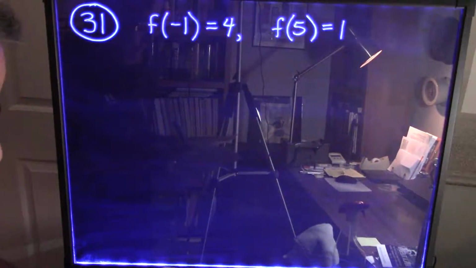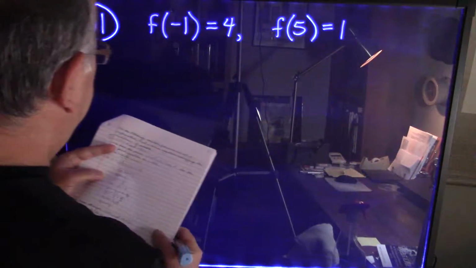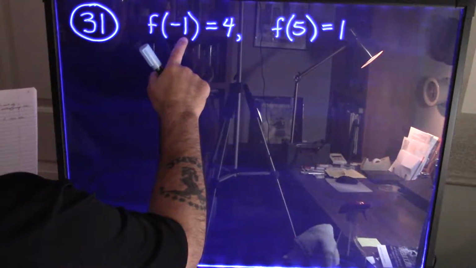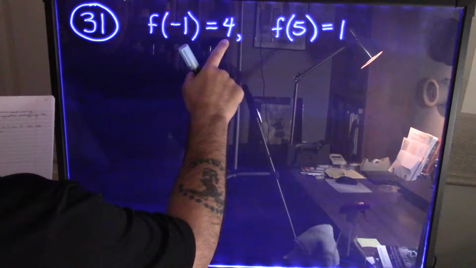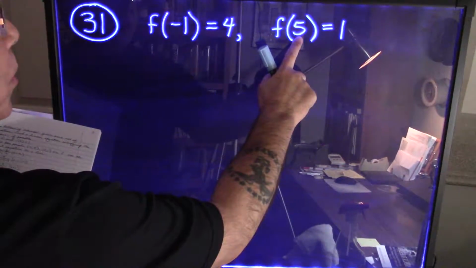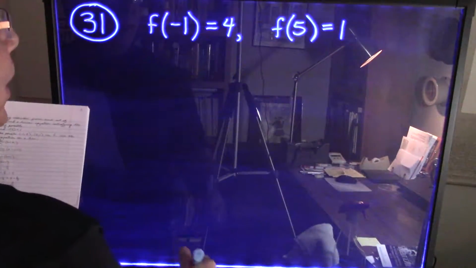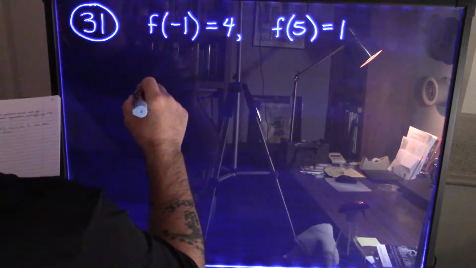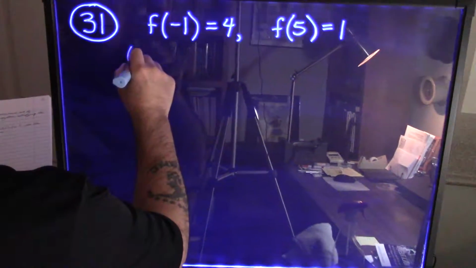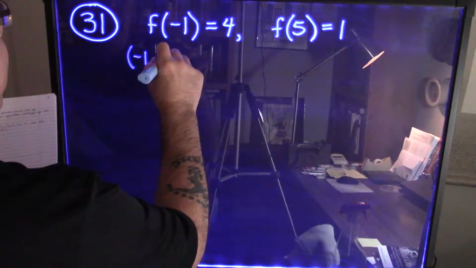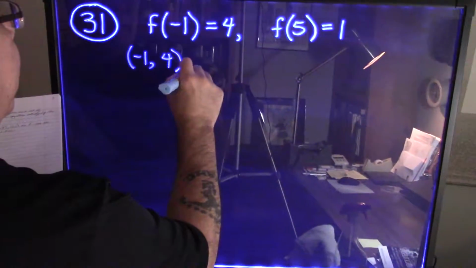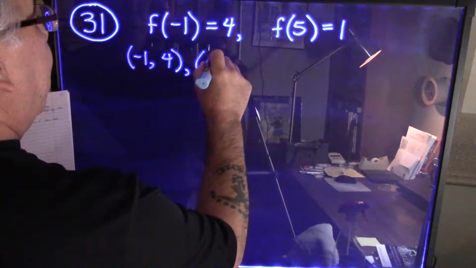In other words, when x equals negative 1, y equals 4, and when x equals 5, y equals 1. So we have 2 points here, negative 1, 4, and 5, 1.